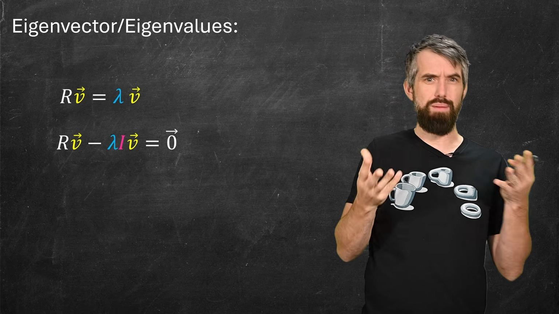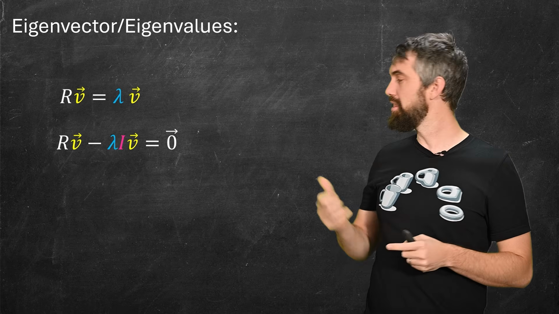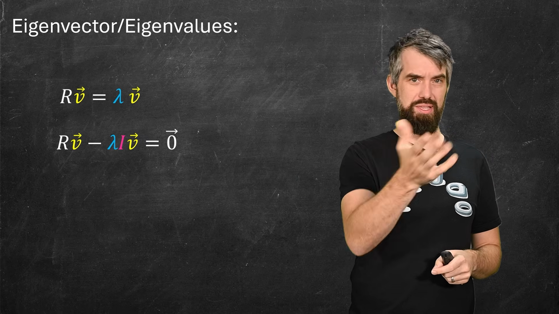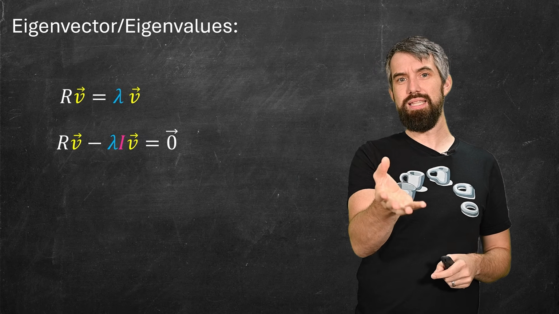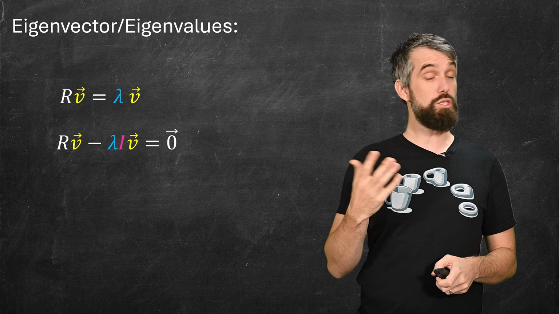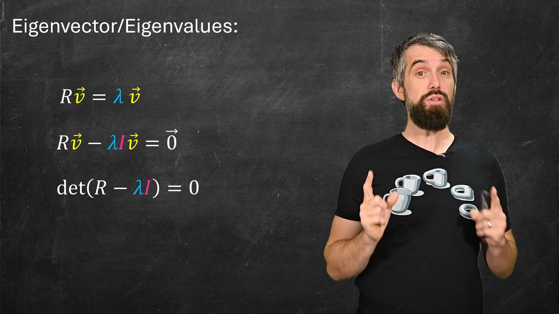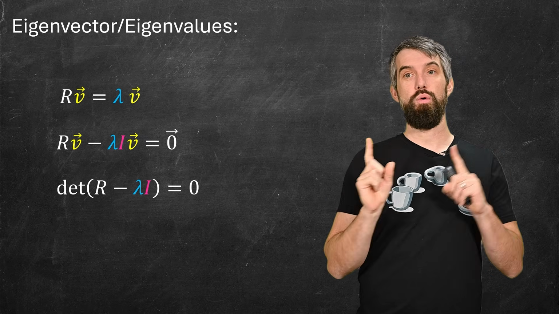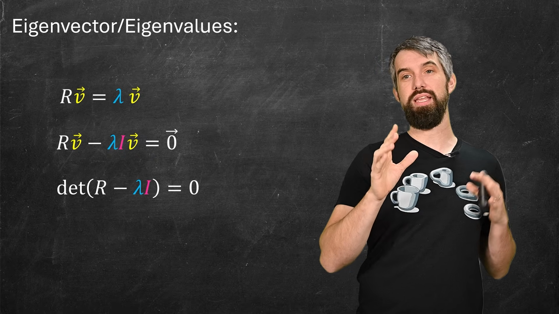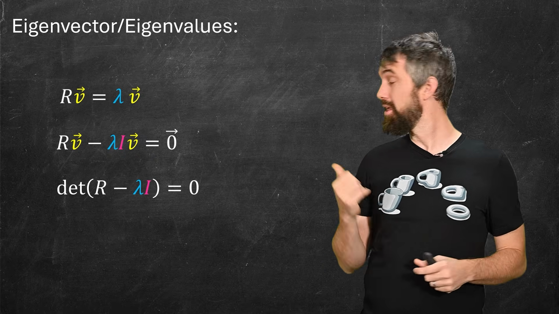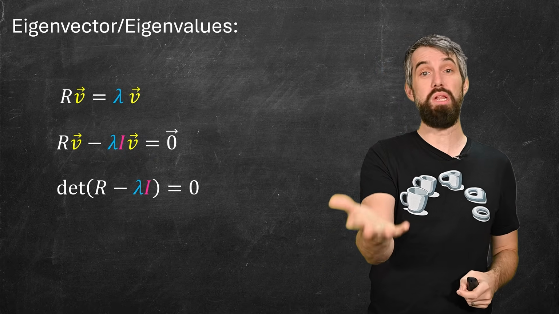That doesn't do anything, it's kind of like multiplying by 1. And the question is, there's always a zero solution, but is there a non-zero solution? This is completely equivalent to asking whether you can find a case where the determinant of R minus lambda I is equal to 0. And that is just a polynomial equation.